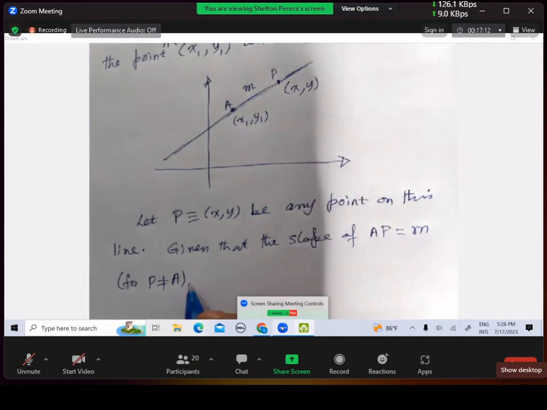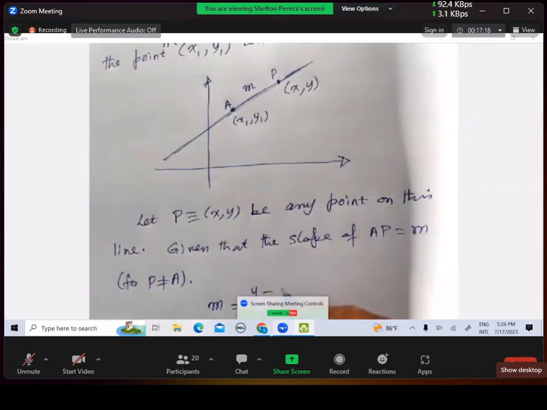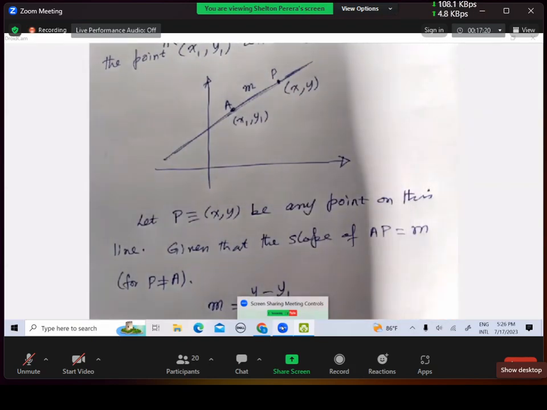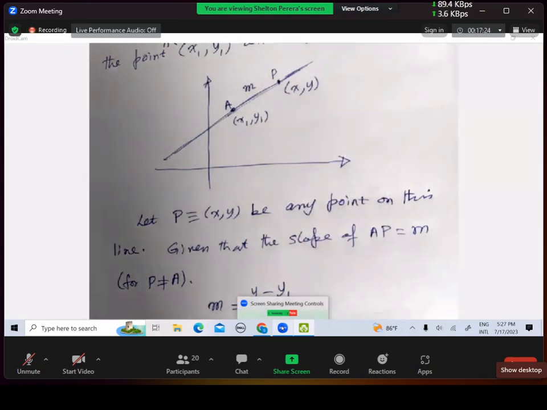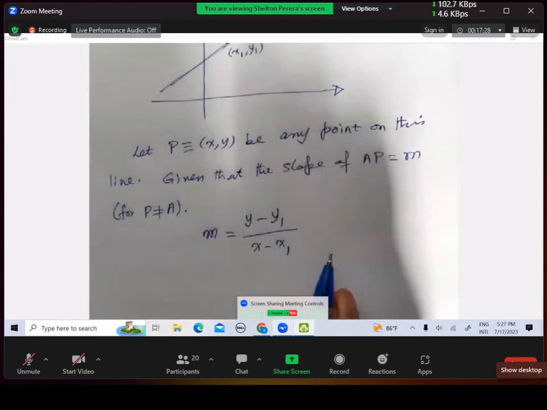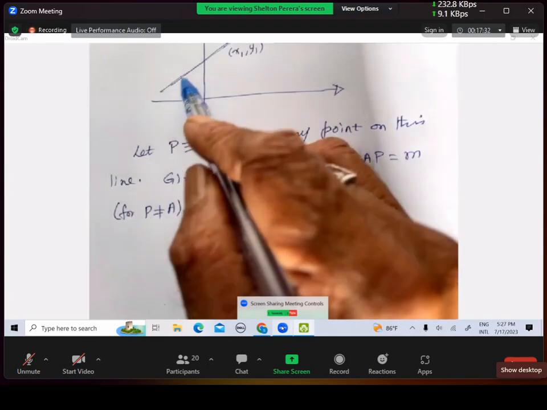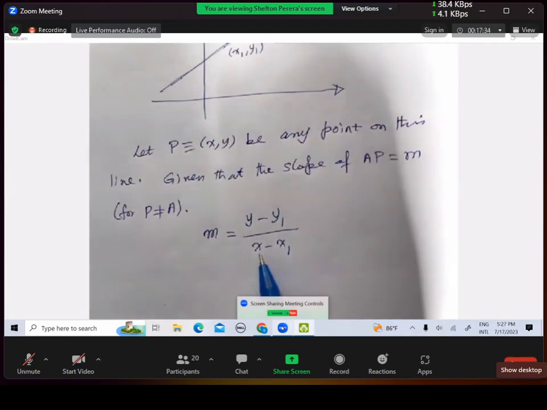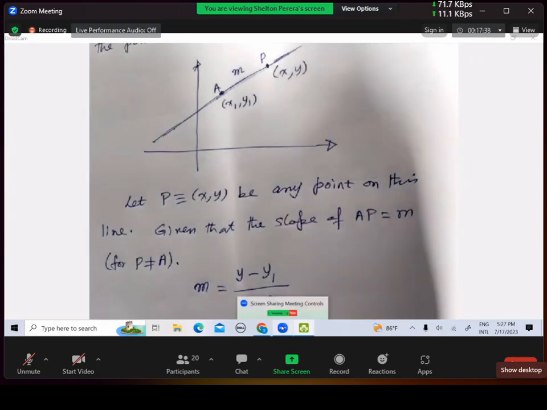If P is not A, we know slope m is equal to y minus y1 divided by x minus x1. This is valid only for P not equal to A. For all the other points on the line, this is true. Slope is the difference of y coordinates divided by the difference of x coordinates.